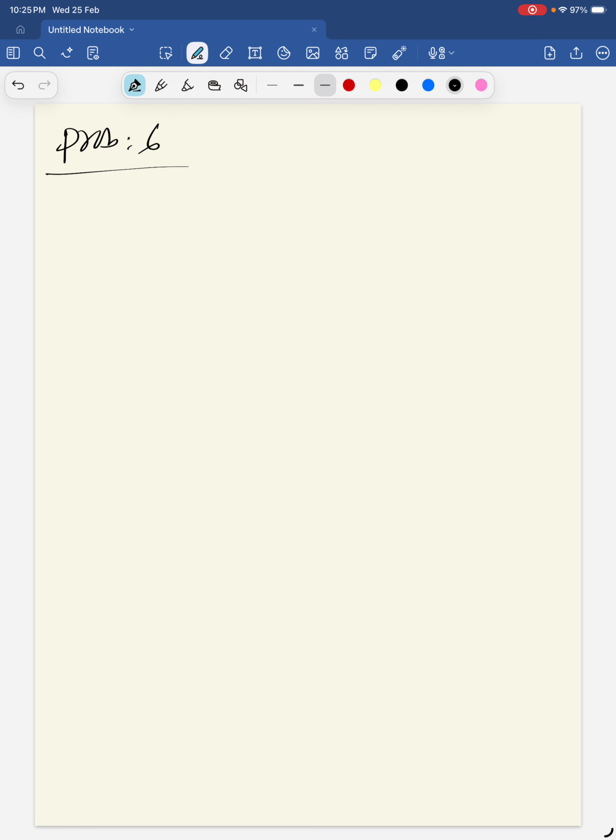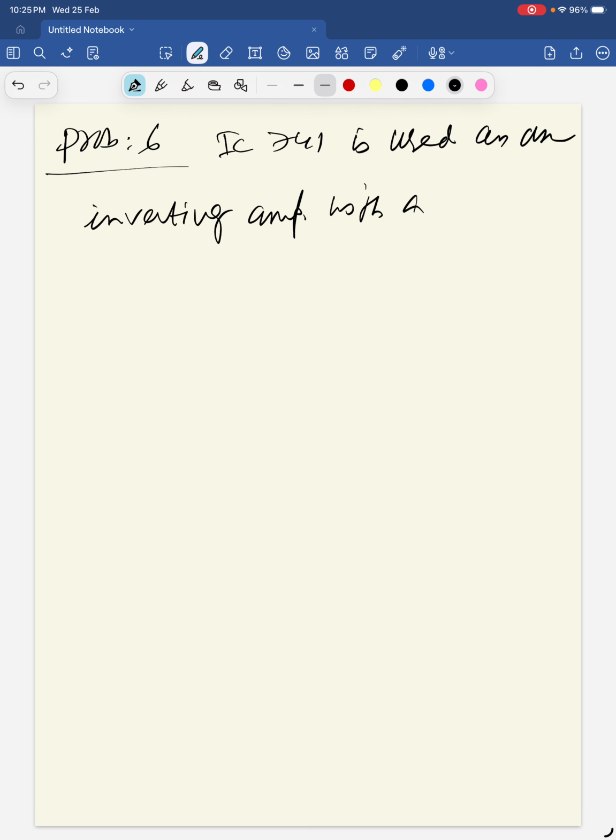Now again we are dealing with IC 741 used as an inverting amplifier with a gain of 100.